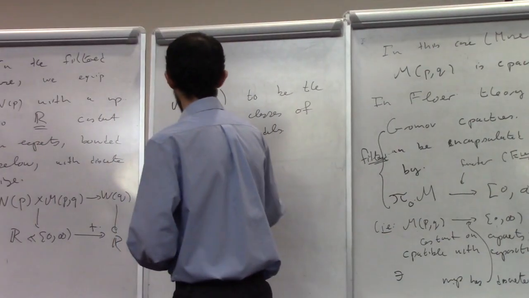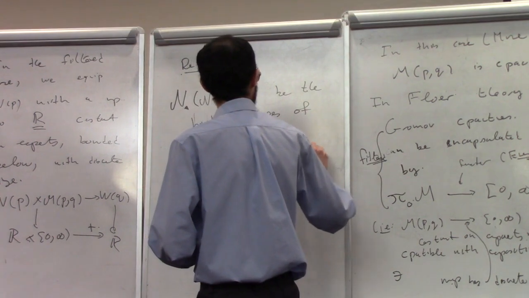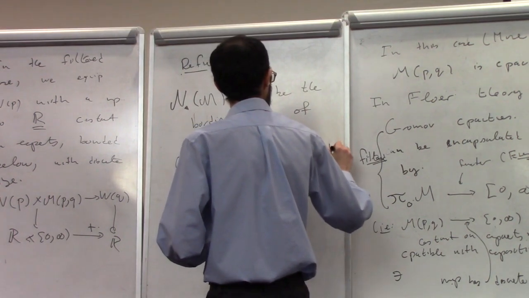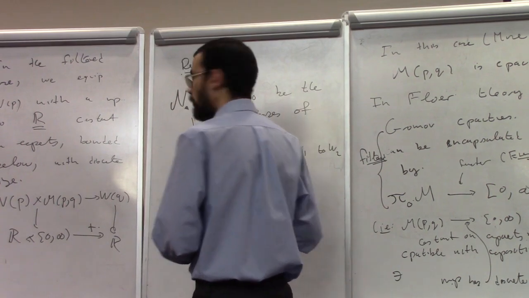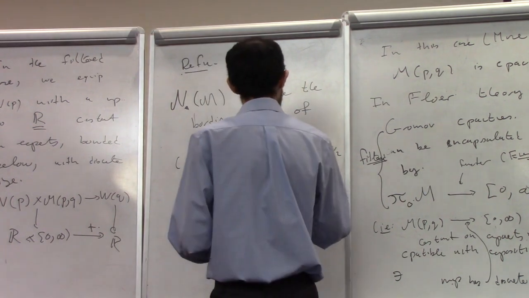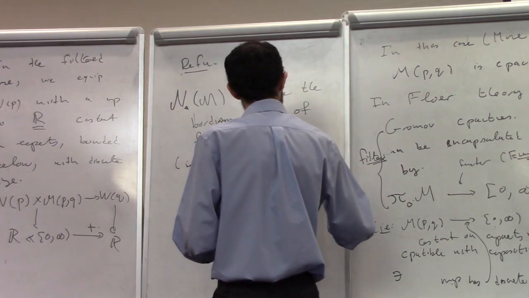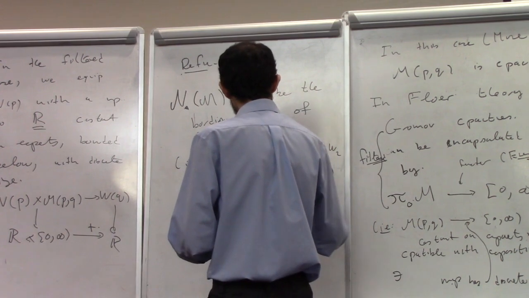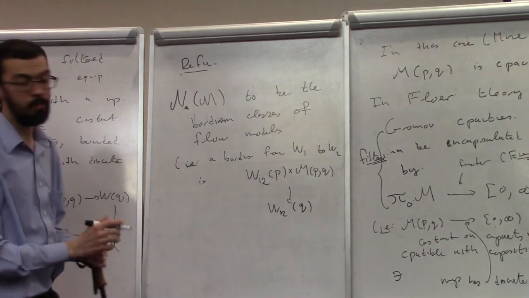And more generally, if you take a bordism from W_1 to W_2, it's an assignment, let's call it W_12. It is also a module, a choice of W_12 and P with maps like this, also a flow module. But the equation that it satisfies is just a little bit more complicated.